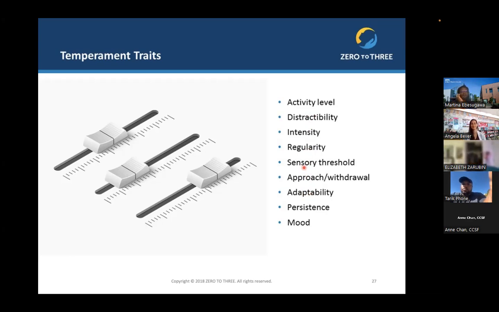Some of us have a high sensory threshold, we can take a lot, and some of us have a low sensory threshold.